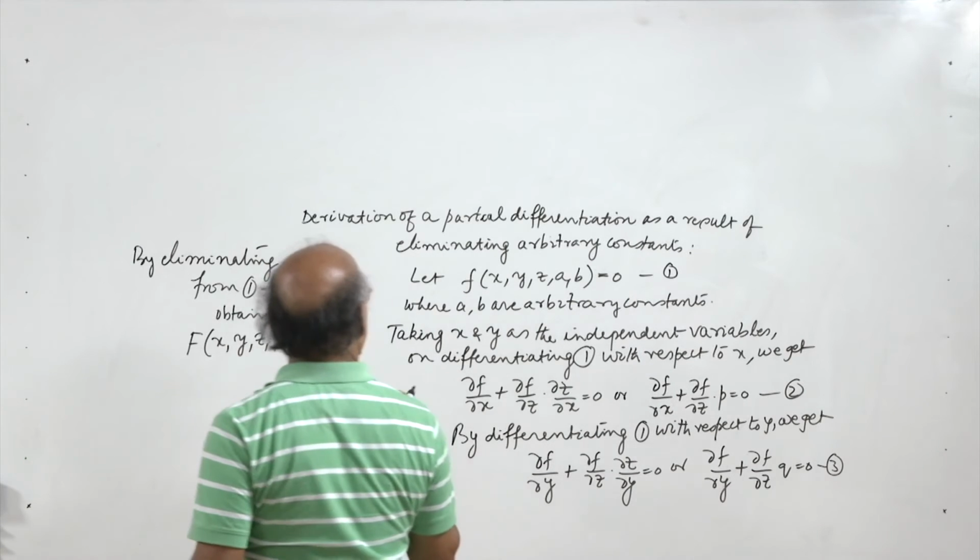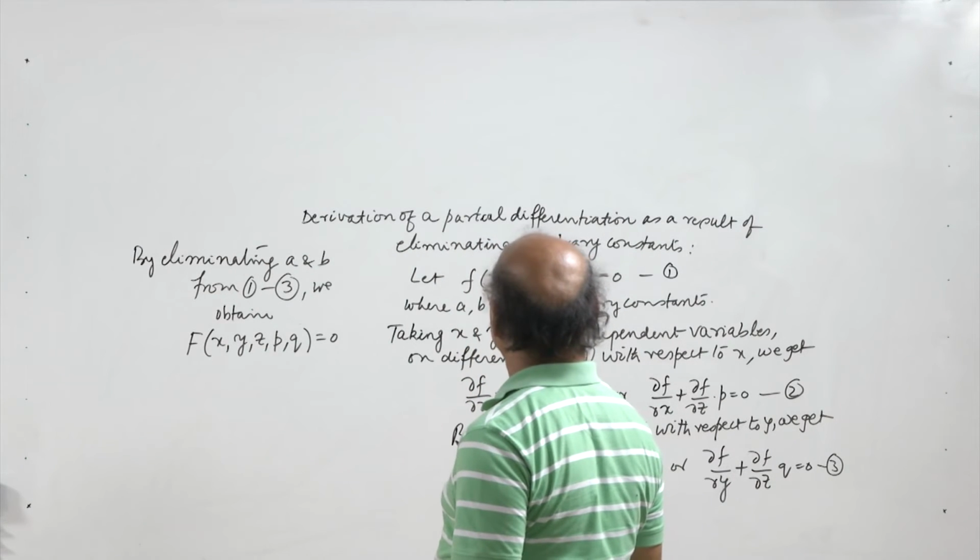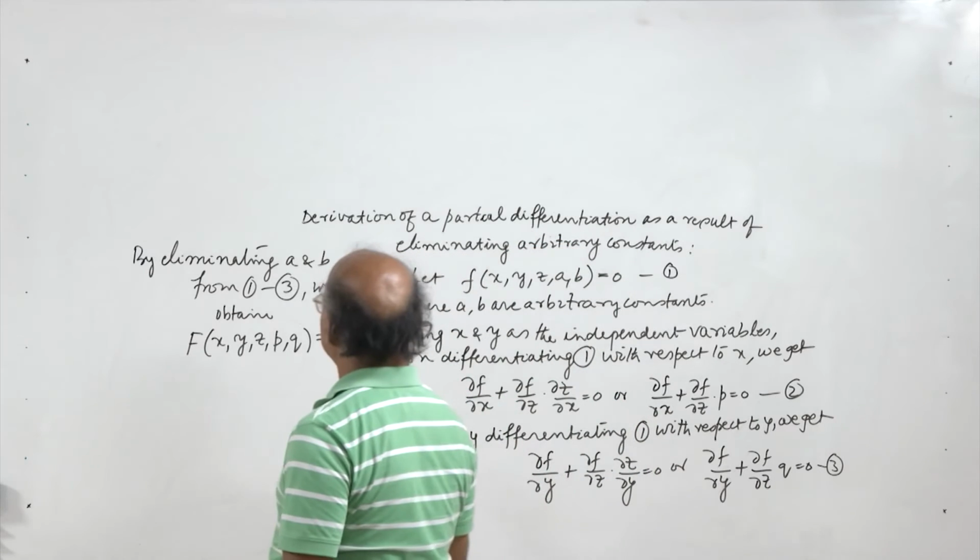So, whenever we eliminate two arbitrary constants occurring in the relation, it leads us to a first order equation.